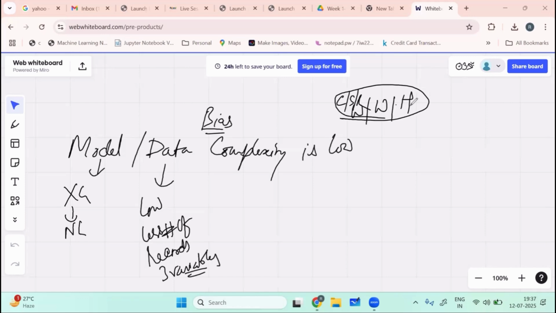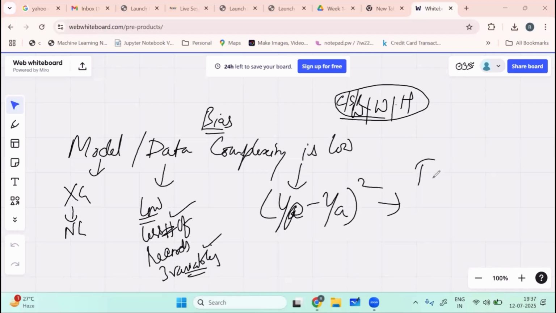There are not many explanations, because data is low: fewer records or fewer variables, which is dimension. So this complexity is low. When complexity is low, errors would be there, so you don't predict well and the training accuracy would be low. But when you actually go for testing, it can be high. So, reverse.